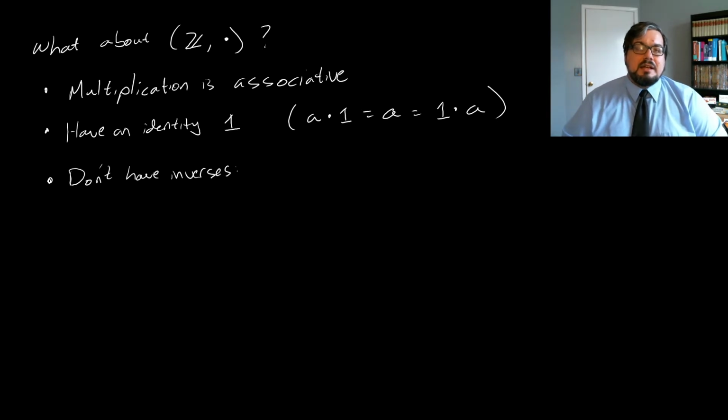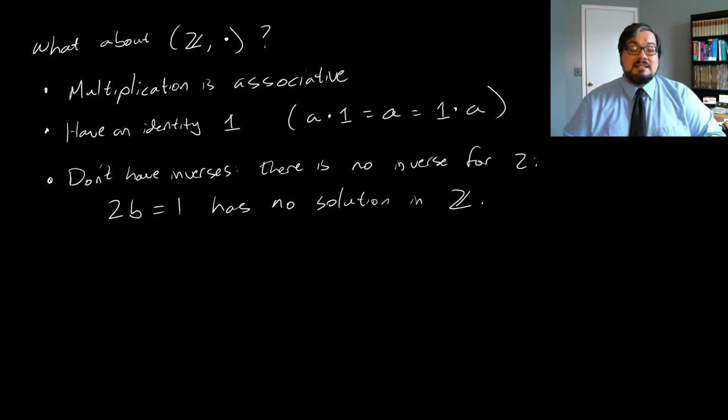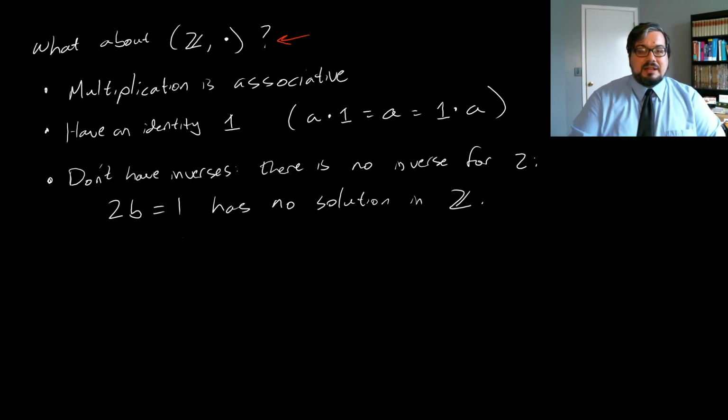We don't have inverses because there is no inverse for, for instance, 2. 2 times b equals 1 has no solution in the integers. So there is no element of Z that you could plug in here for b to make this equation true, because 2 times any integer is going to be even and 1 is odd. So 2 times b can never equal 1.